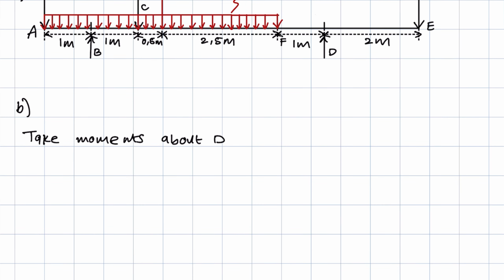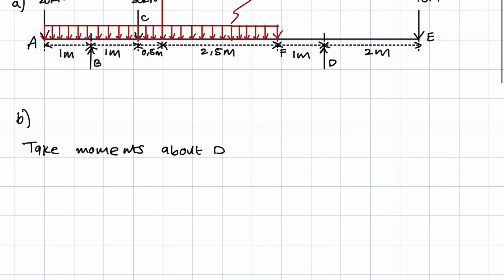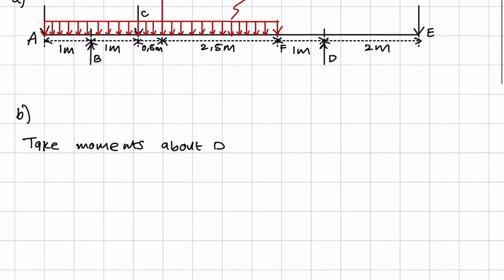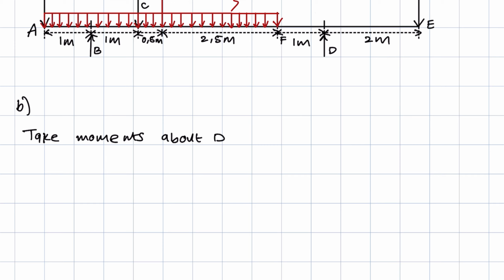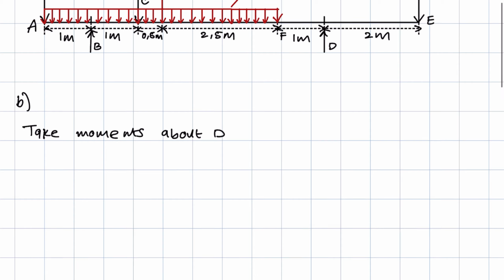Now if you look, the 20 kilonewtons has an anti-clockwise turning effect towards D. Reaction B has a clockwise turning effect towards D. The 30 kilonewtons has an anti-clockwise turning effect towards D. The 60 also has an anti-clockwise turning effect towards D. And the 40 kilonewtons has a clockwise turning effect towards D. So our only clockwise moments are from reaction B as well as the 40 kilonewtons.